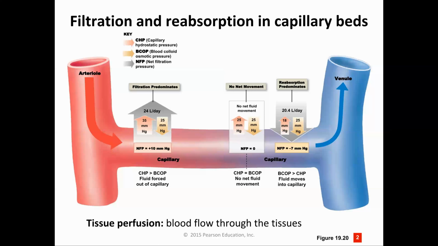Because the higher concentration of solutes in here is going to draw more liquid in. Okay, so we've got a high concentration of solutes because we're dehydrated. If CHP stays the same, so that's 35, and then this guy is 30, what's going to happen along the length of the capillary bed?